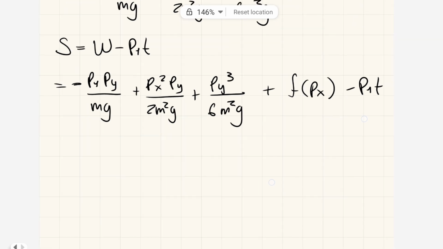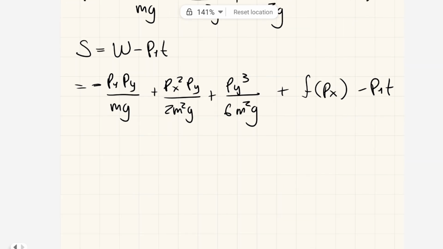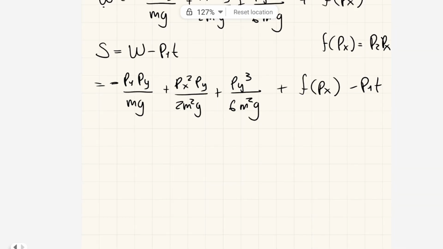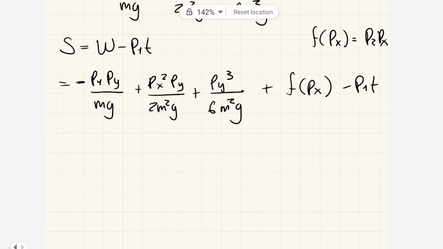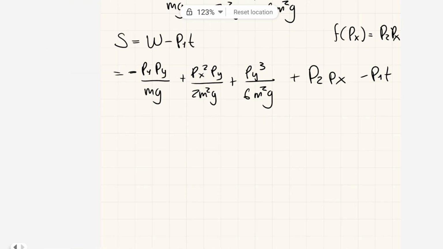It is not very hard to notice that if we propose f of px equal to p2 px, we will satisfy the Hamilton-Jacobi equation with this function s. So the complete solution for the Hamilton-Jacobi equation will be this one over here. Perfect, this is the s that we wanted to find.